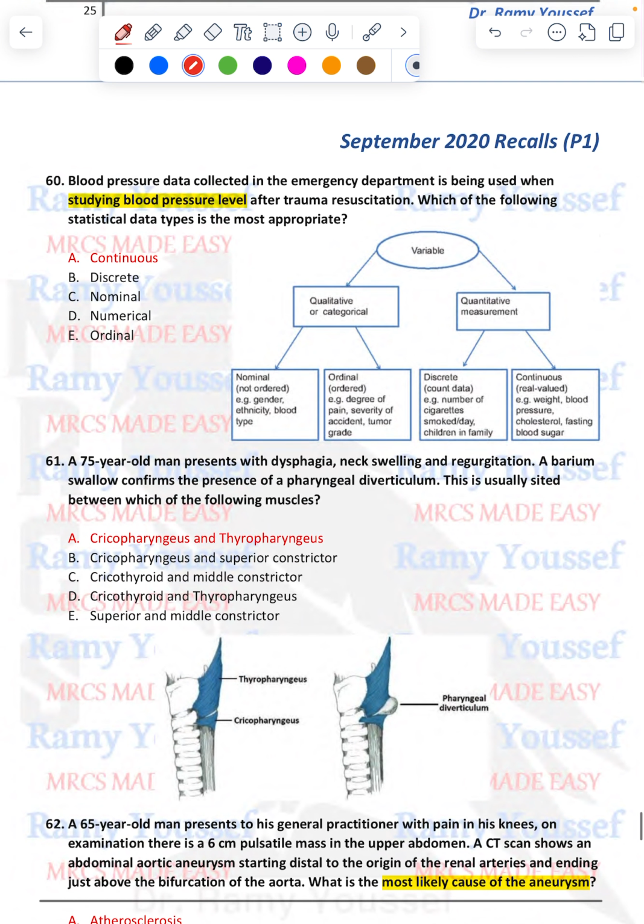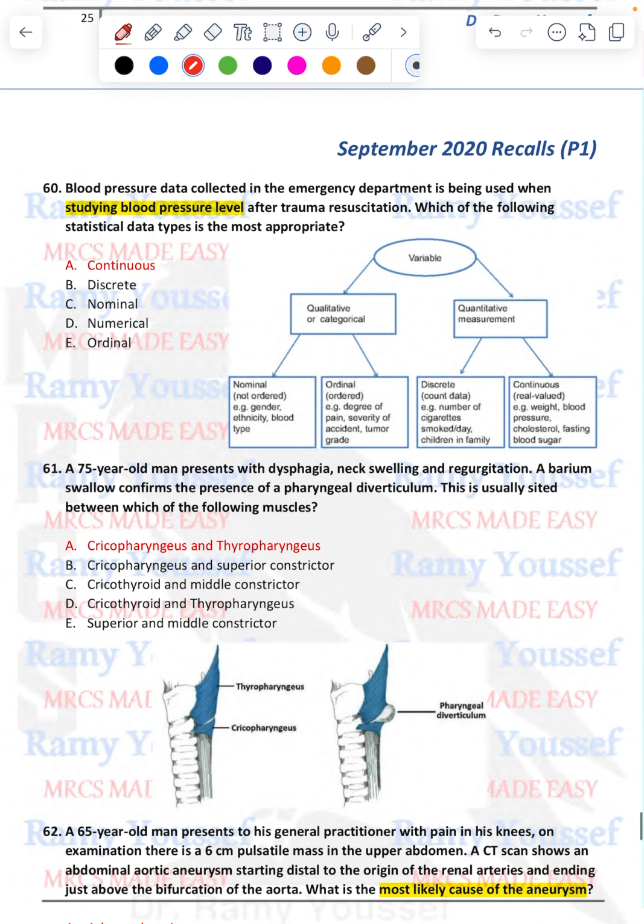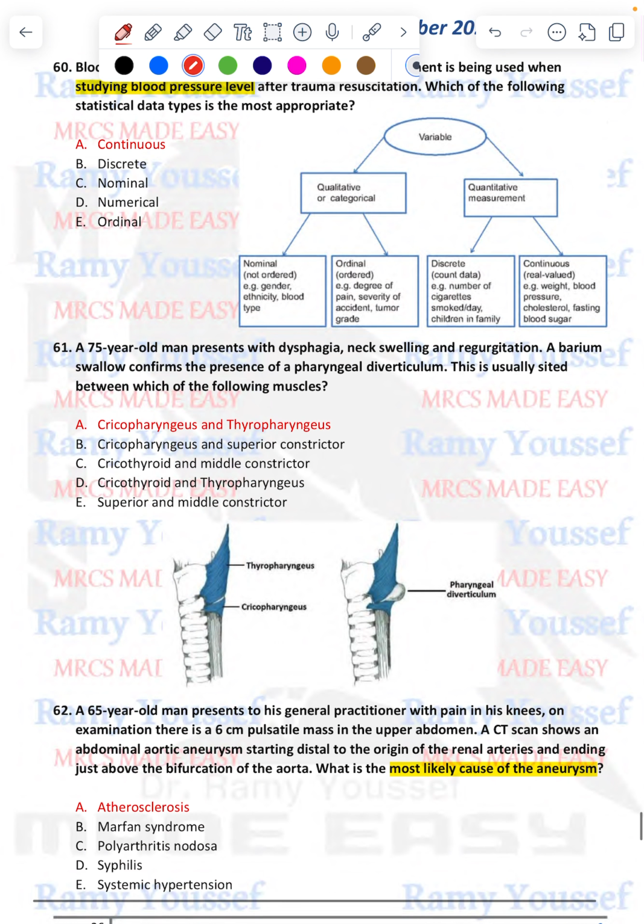A 62-year-old man presents to the general practitioner with pain in the knees, and on examination there is a 6 cm pulsatile mass in the upper abdomen. CT scan shows an abdominal aortic aneurysm starting distal to the origin of the renal arteries and ending just above the bifurcation. What is the most likely cause of the aneurysm? Medial necrosis. So here it is atherosclerosis. The option is not medial necrosis, cystic medial necrosis.